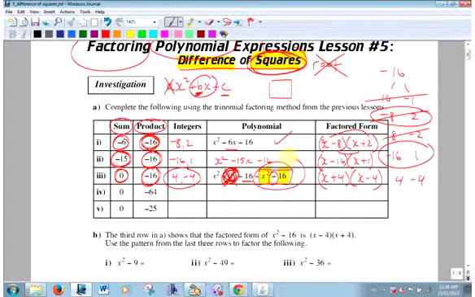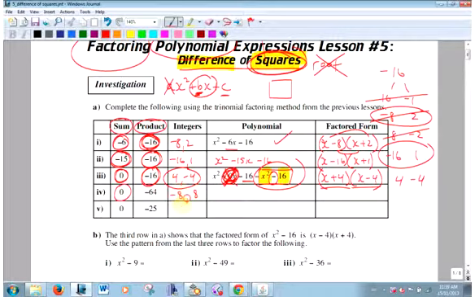So it's still a trinomial. When you factor a trinomial, it factors into two binomials. And yeah, I know it's only two terms, but we're going to call it a trinomial. What two numbers multiply to negative 64 and add to 0? Is 64 a perfect square? What number squared is 64?